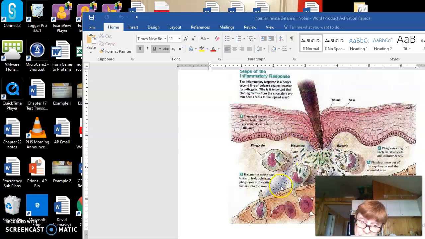And then the histamines are going to cause the capillaries to leak, releasing the phagocytes. And remember, the phagocytes are going to be there to help engulf the bacteria. So once the wound starts, the histamines are released, and they encourage the capillaries to leak, letting the phagocytes be released so that they can start engulfing that bacteria and other dead cells.